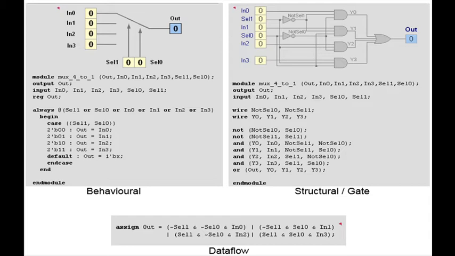Here in this example, AND gate, OR gate and NOT gate are called as, we can say, components, and accordingly the structure of the 4x1 multiplexer is realized. You can observe NOT gate is called 2 times, AND gate is called 4 times, and OR gate is called 1 time.